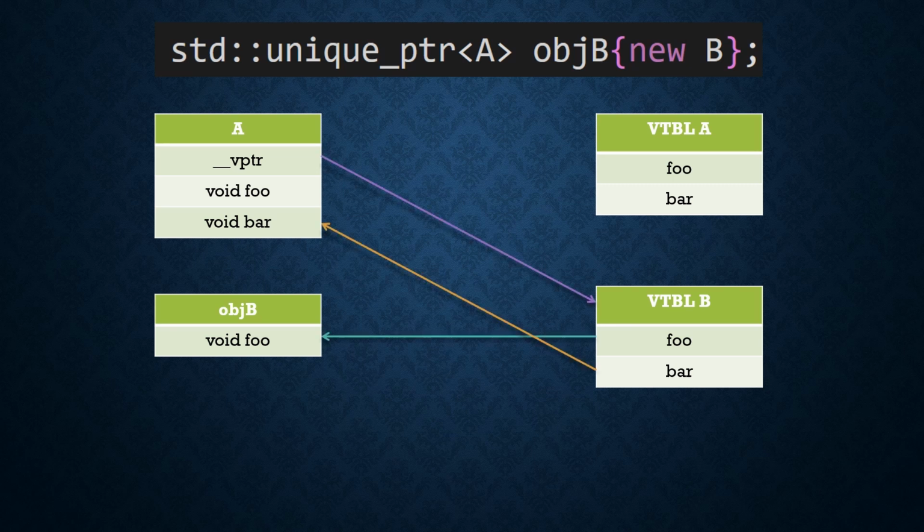The virtual pointer will now point to the virtual table of B, because we know at compile time that the object is of type B and not of type A, and that means the compiler will set the pointer to point to the virtual table of B. The foo function will point to the object B itself, because foo is implemented in B. Bar is not implemented in B, and that means it will point to the function that is implemented in class A. And that means when we call it, we will call bar from A.